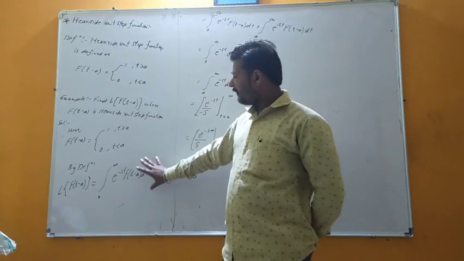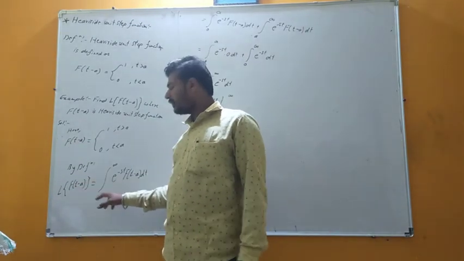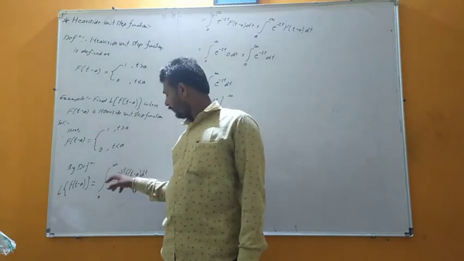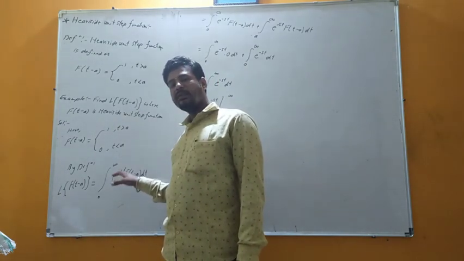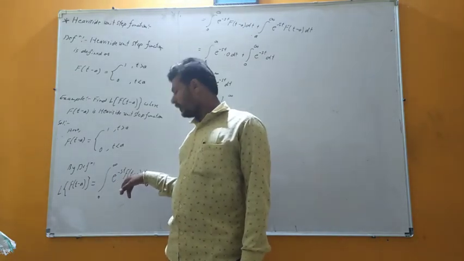By the definition of Laplace transformation, the Laplace transform of this term is the integral from 0 to infinity of e raised to minus st into f of t, and here f of t is f of t minus a, into dt.